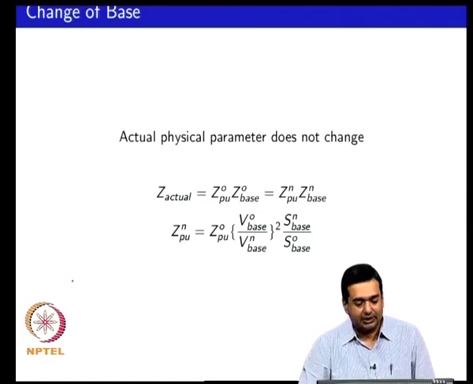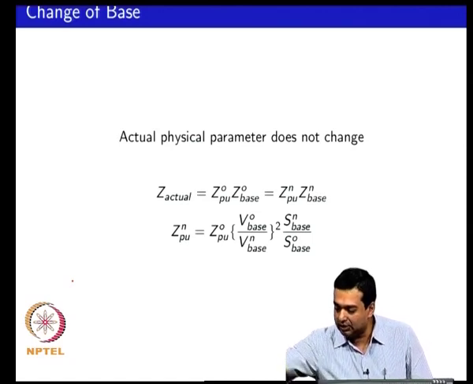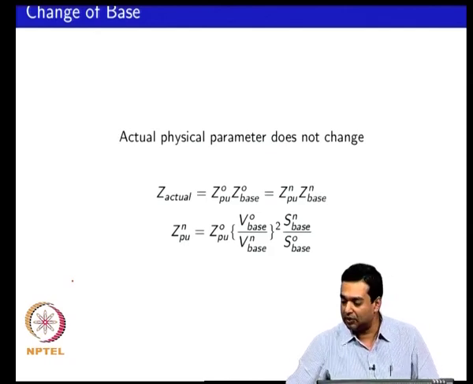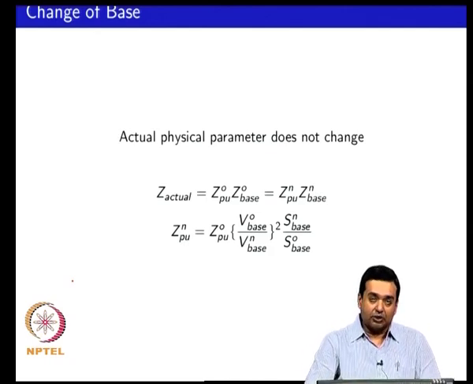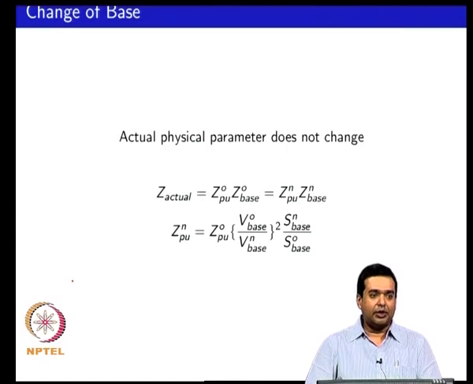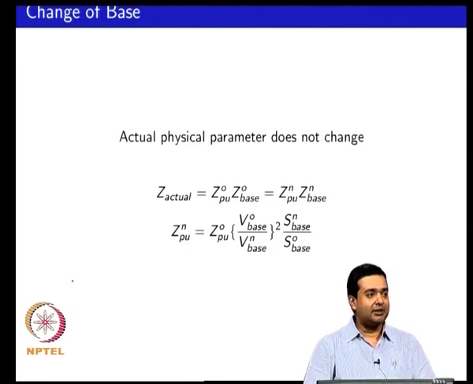So, the next thing is to convert from one base to another for your normalization calculations. One thing that I would like to point out: when you make a statement that 1 per unit equals say 230 volts, you are committing multiple errors.